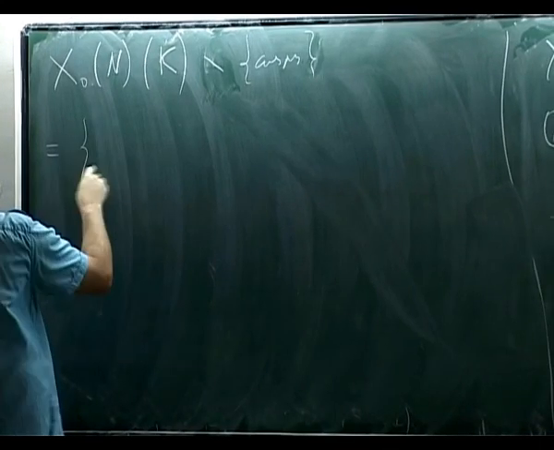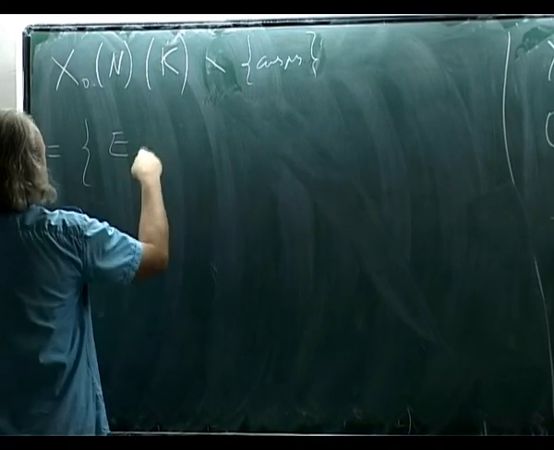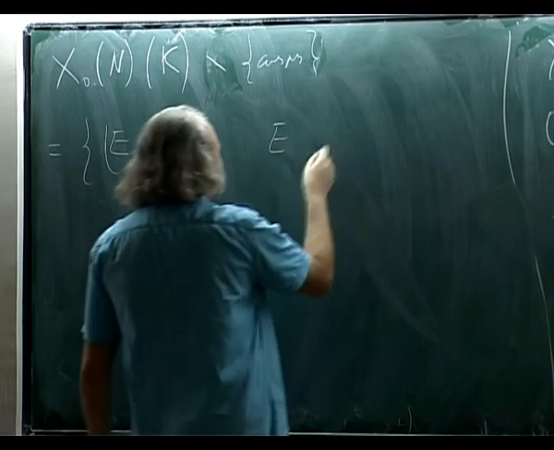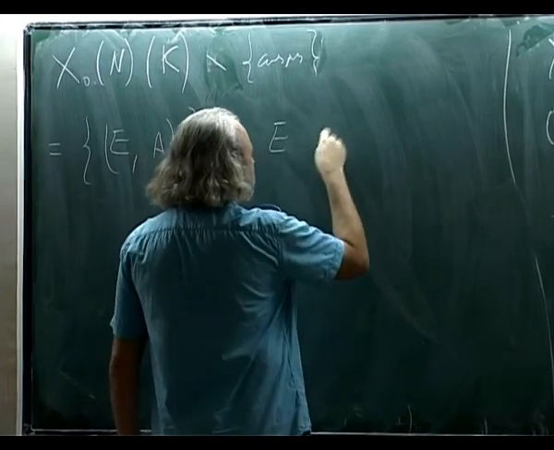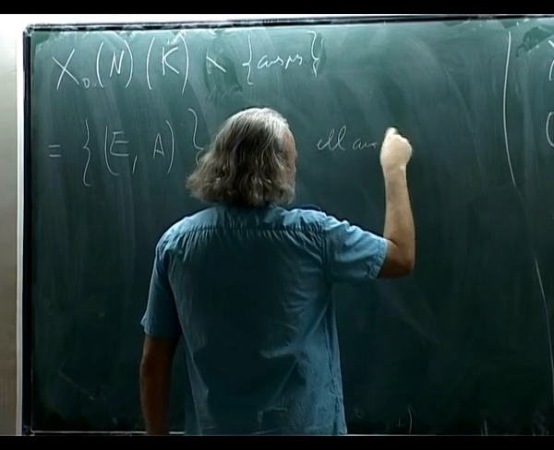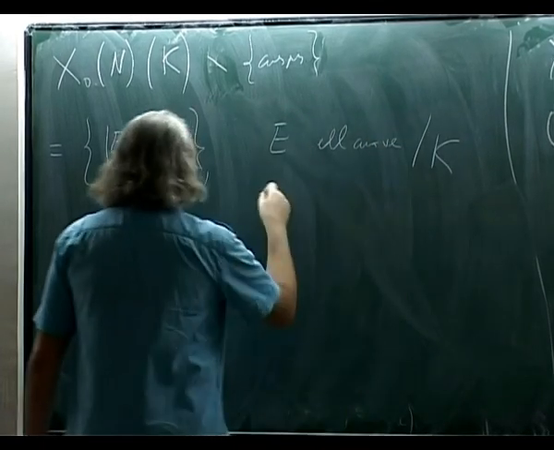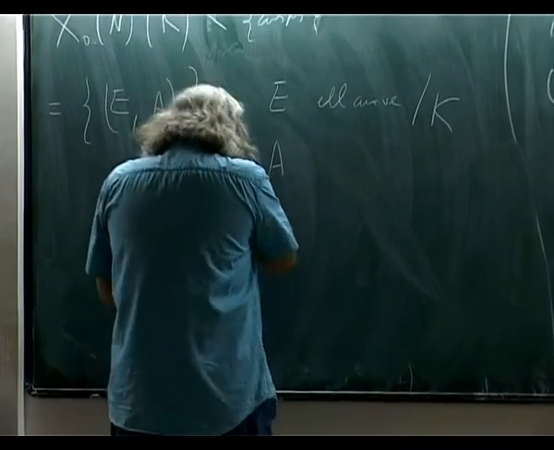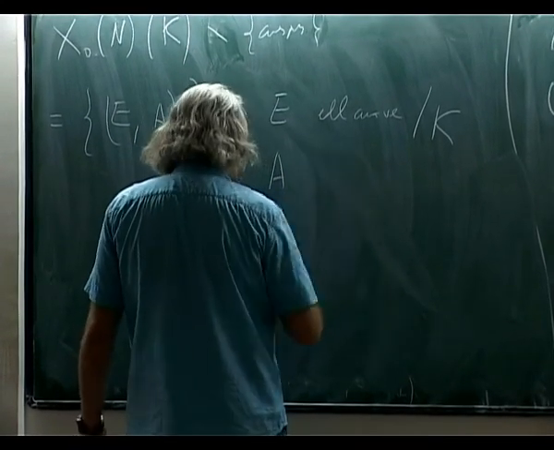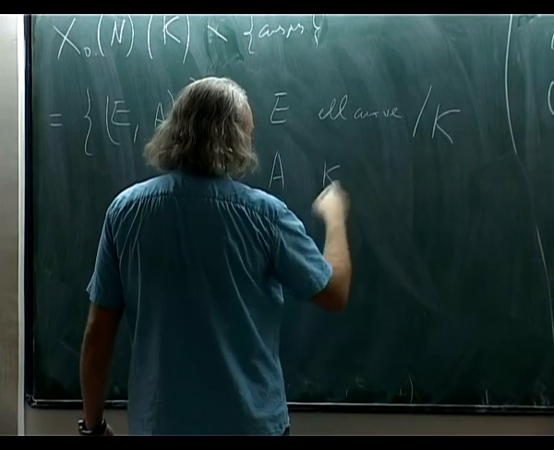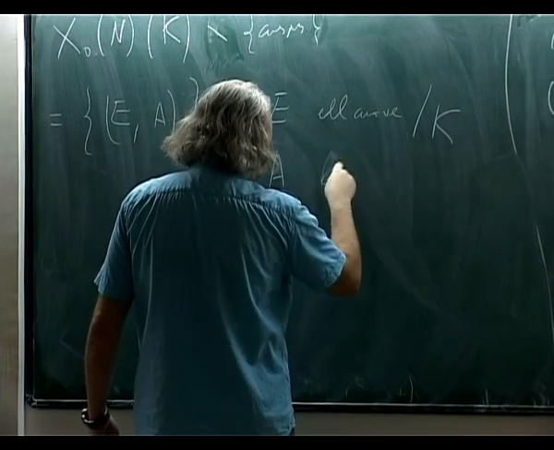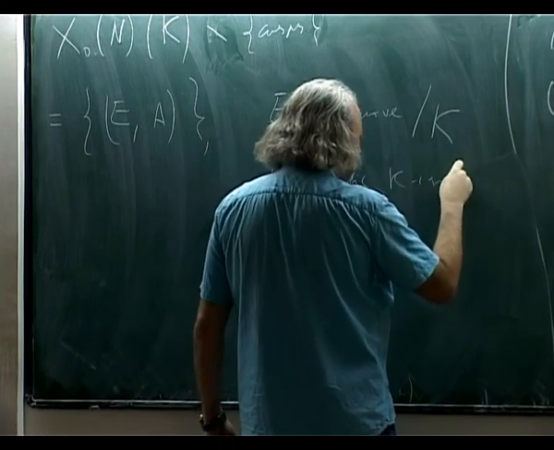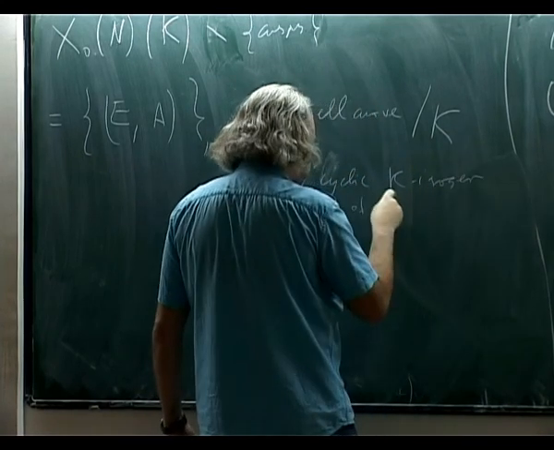And we obtain Y0, which is what? Couples (E, A), where E is an elliptic curve over K, and A is a cyclic K-isogeny of order n.